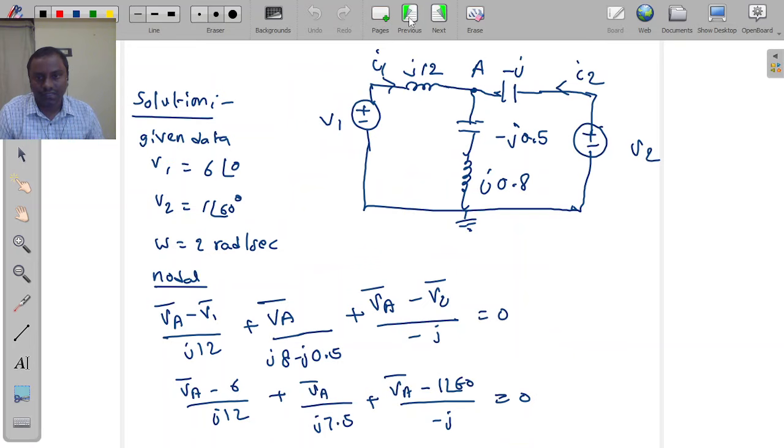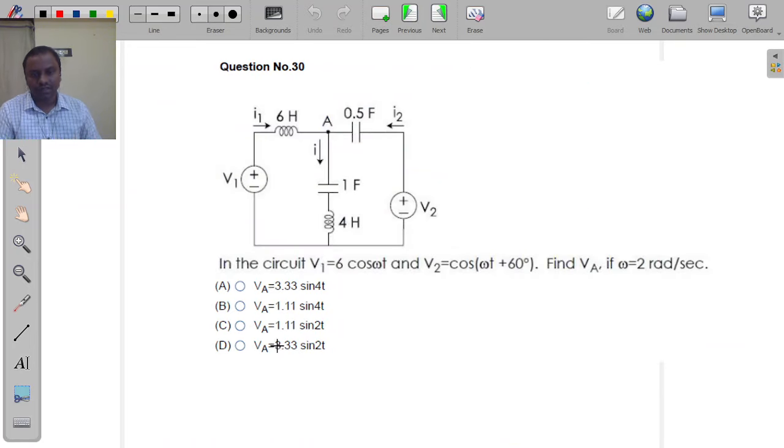But if you see the answers given, they have missed the minus 1.11 sin 2t. Correct answer is either minus 1.11 sin 2t or 1.11 sin 2t plus 180. So the correct answer is not matching.